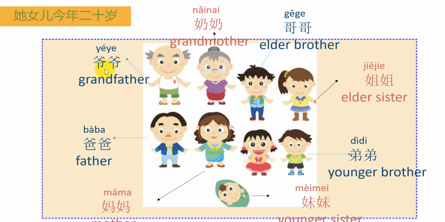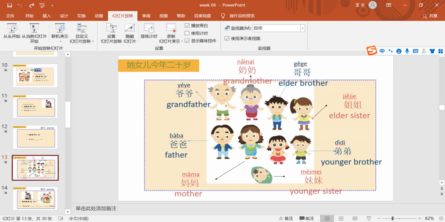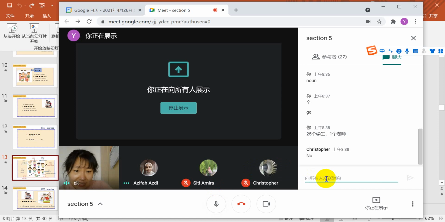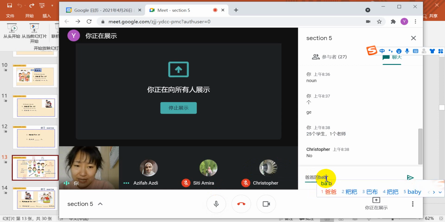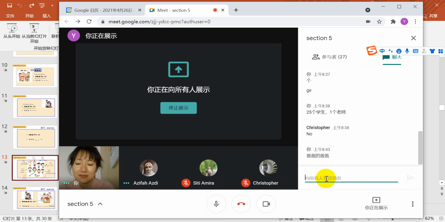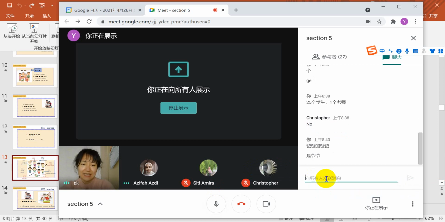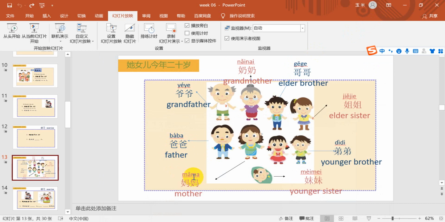爷爷, grandfather, is the father's father. 爸爸的爸爸是爷爷。Can you understand this? 爸爸 is father, so 爷爷, grandfather, is 爸爸的爸爸, father's father. Next one: 爸爸的妈妈叫什么?